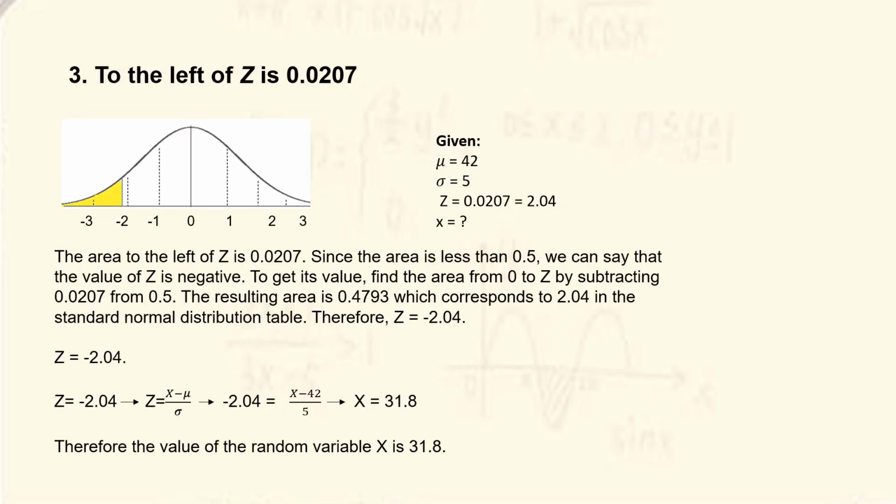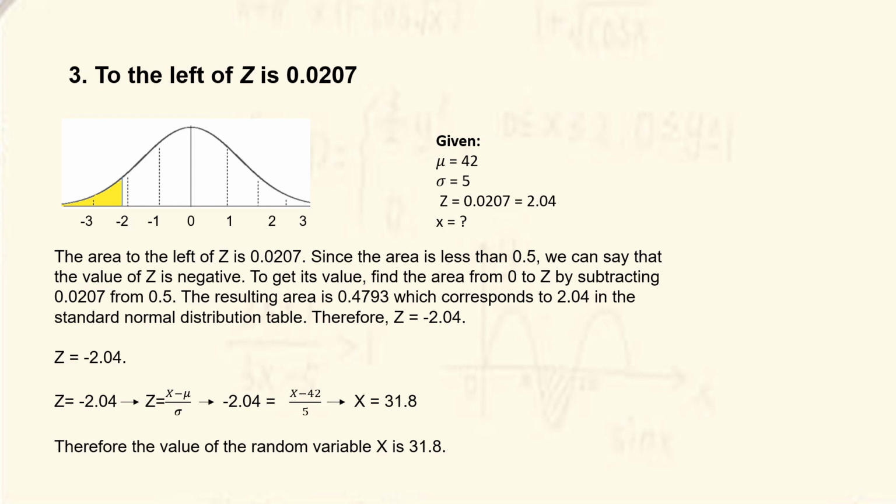For number 3, to the left of z is 0.0207. We have here the given, which are population mean is equal to 42, population standard deviation is equal to 5, standard score is equal to 2.04 for the area 0.0207. X is missing. The area to the left of z is 0.0207.